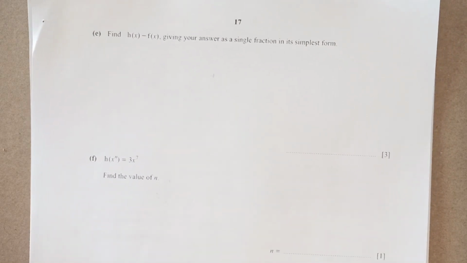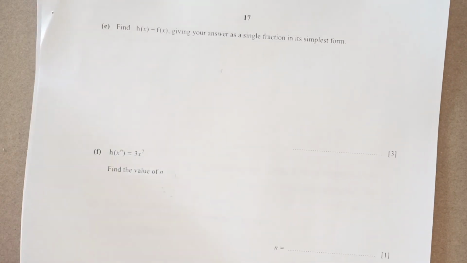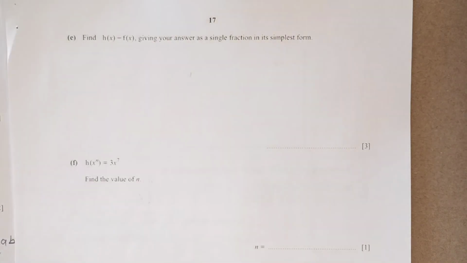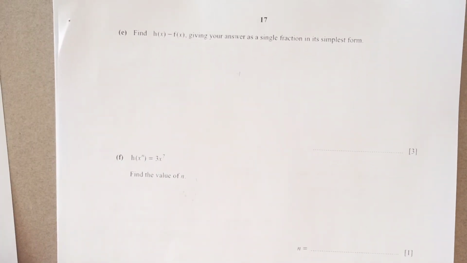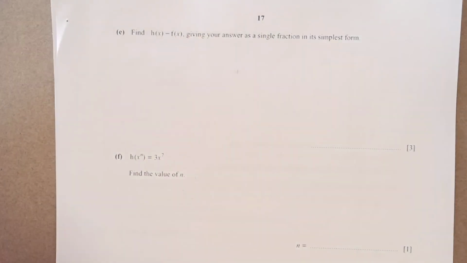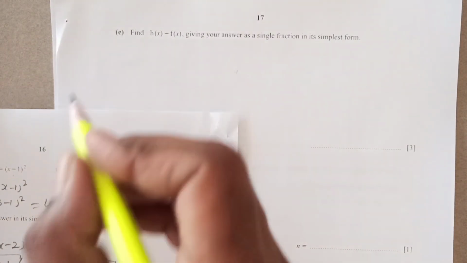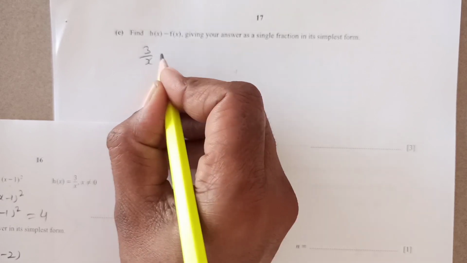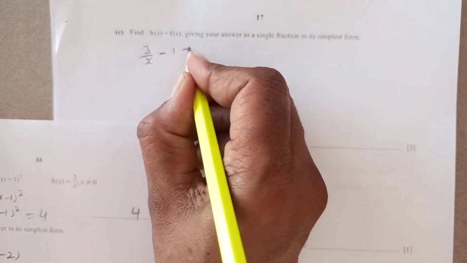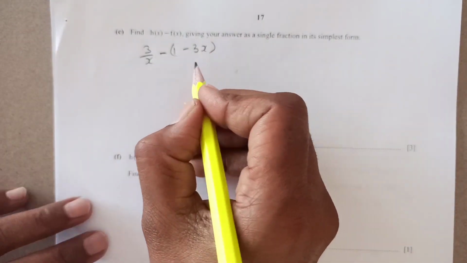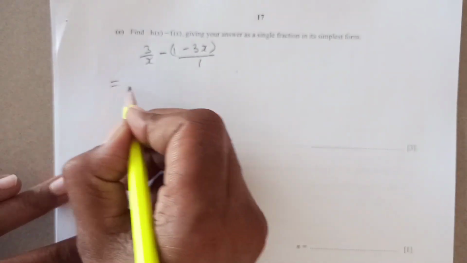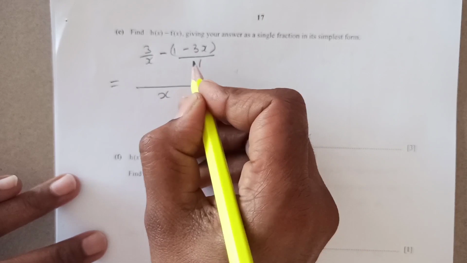Part E, we have h(x) minus f(x). So h(x) minus f(x), then give your answer as a single fraction. So h(x) here is 3 over x minus f(x), which is 1 minus 3x, right? So we are just going to take LCM. LCM is x, then you cross multiply.